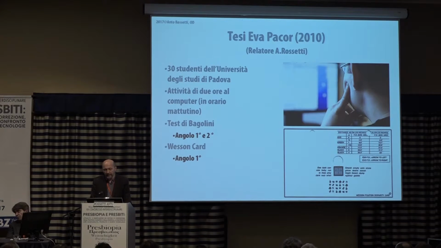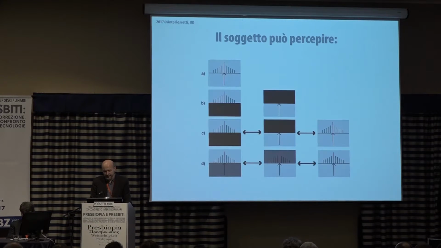Western card test and Bagolini test, a variant of Bagolini test, were used. This is the mira test. The subject was asked whether he or she could see both fields or whether one field was dark or attenuated.